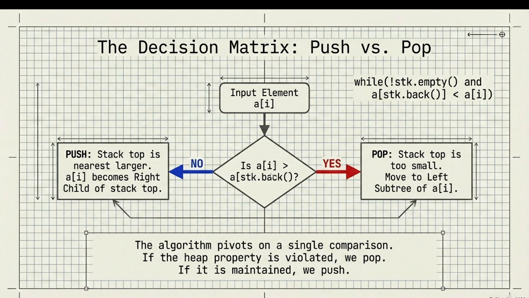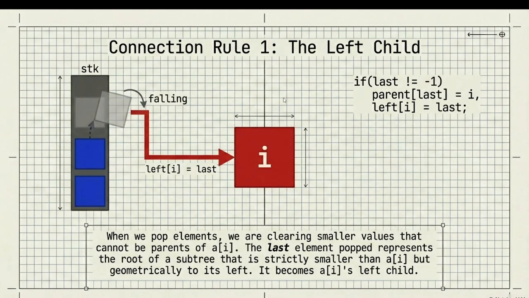If it is greater than what is currently on the stack top, the stack top is smaller, and that element moves to the left subtree of A[i]. So the last element popped is the root of the left subtree, because it is the largest of the smaller elements just before index i.